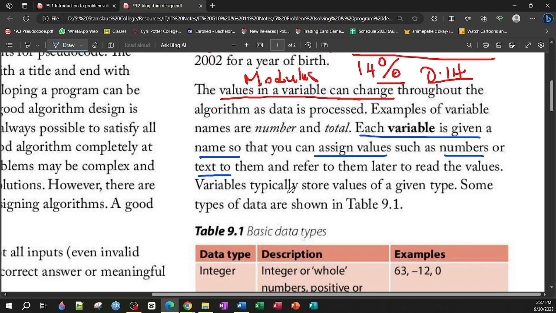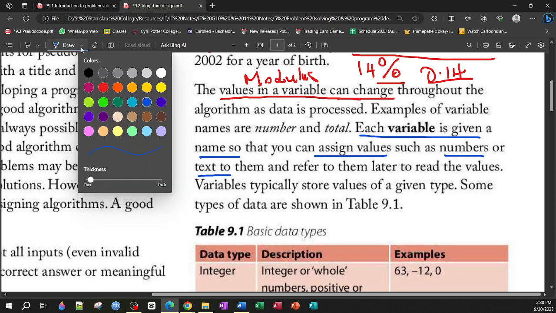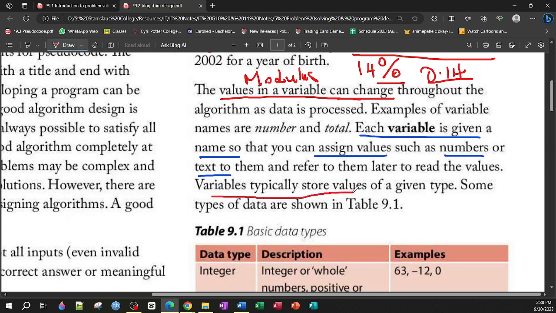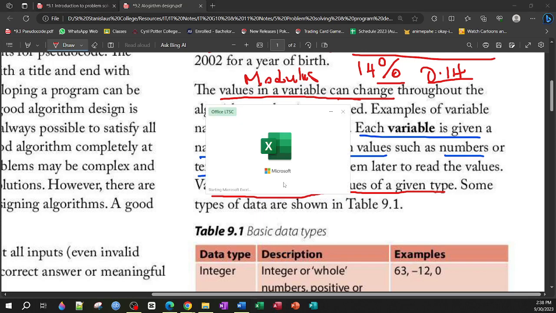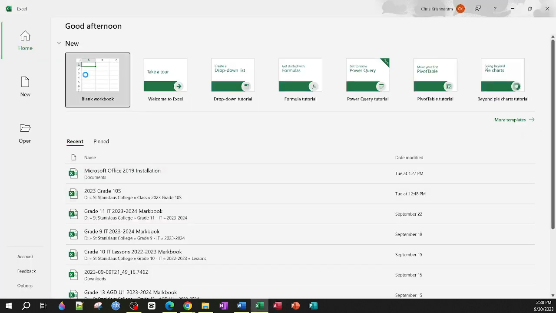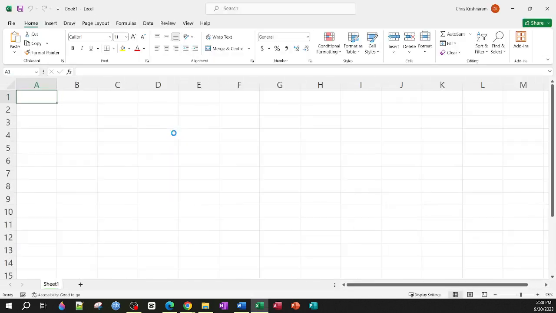Now, variables typically store values of a given type, and some types are below. So this is the important part to take note of. Just like in a spreadsheet, once again, how we had different data types.